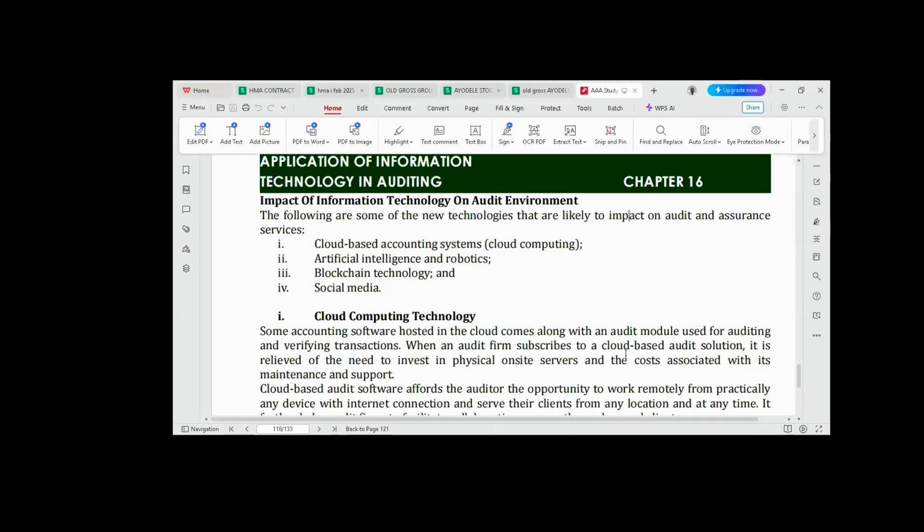The first one is cloud computing technology. Now, what do you mean by cloud computing technology? If you are very observant, for those of us that work in an office, you will agree with me that if you compare 5, 10 years ago to what is obtainable today, our server, we always call it server on premise.